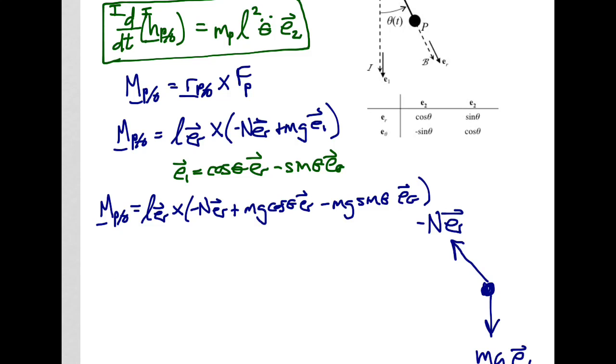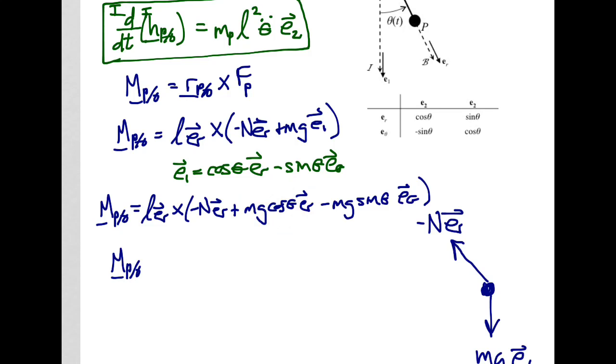And so when we distribute our cross products, we get that L in the e_r direction cross with minus N in the e_r direction is going to be 0. L in the e_r direction cross with mg cosine theta in the e_r direction is going to be 0, because e_r cross e_r is equal to 0.